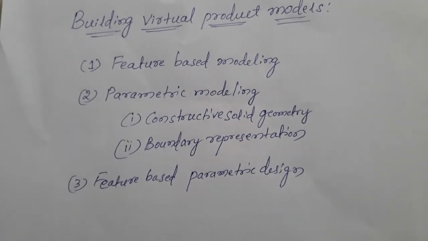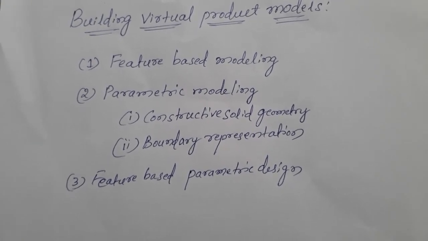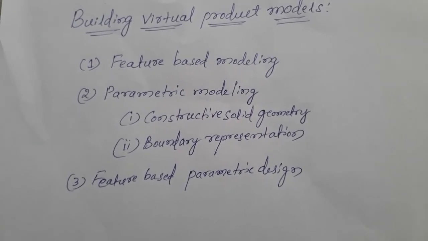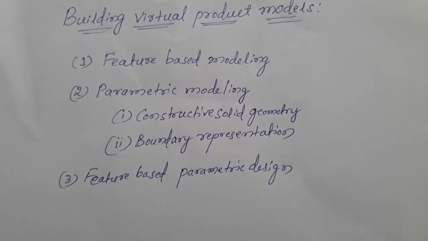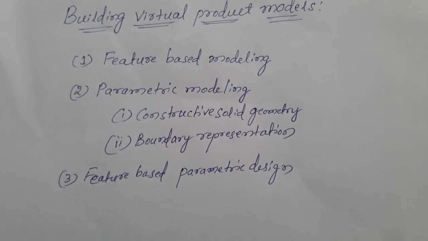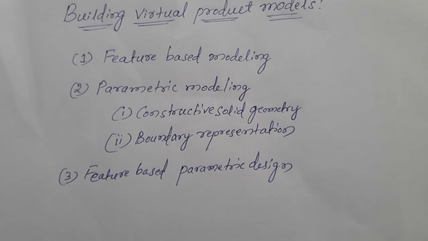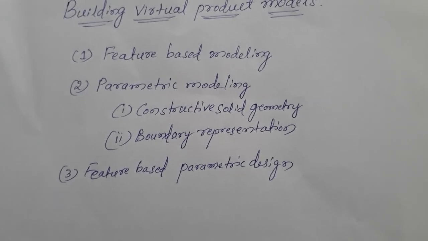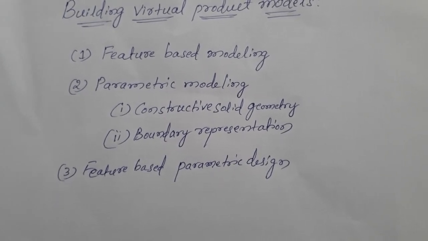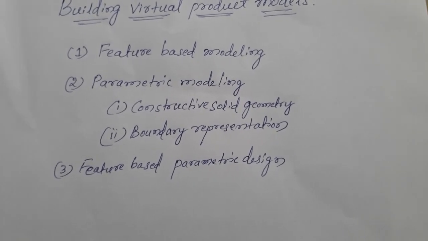How are those edges bounded? Those edges are bounded by points. For example, if you want to build a rectangle or a cube, first you take points. By joining points, we create the edges. Those edges we join to create a surface. Those surfaces we join to build a model, that is a cube or rectangle.